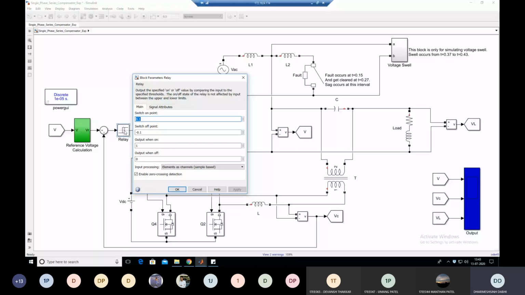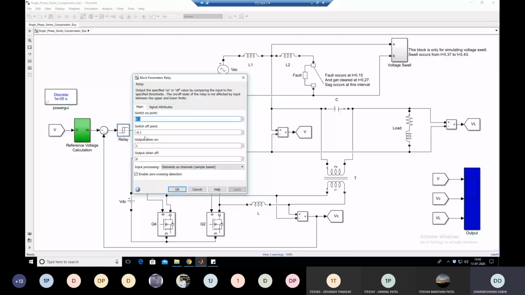Same way, if the input of this relay is below minus 0.1, at that time the relay is open. So the threshold is given for positive and negative values. When it is more than 0.1, it is switched on, which means it acts as a closed switch. If it is below minus 0.1, then it is open.